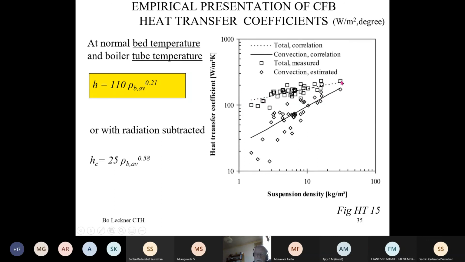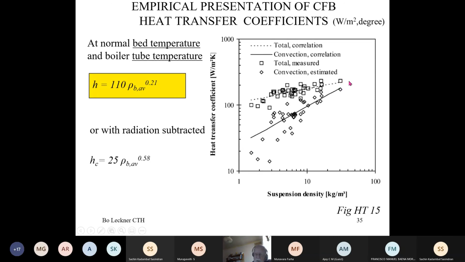And then it is reasonable at the dense suspensions, but there we can subtract actually the heat transfer by particle convection, and then by means of this radiation efficiency, we can subtract what remains is the particle convection, and it is plotted here. And this is also reasonable. When the amount of particles is decreasing, then the heat transfer coefficient from particles is of course also decreasing.